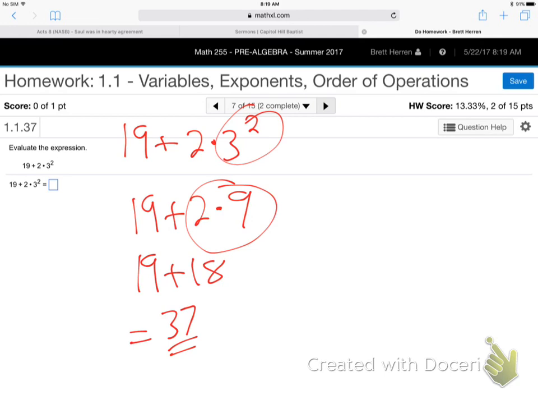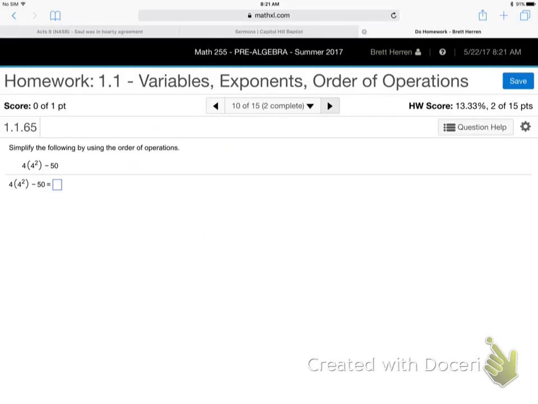All right. All right, let's try that one. 4 squared minus 50. All right, try that one.